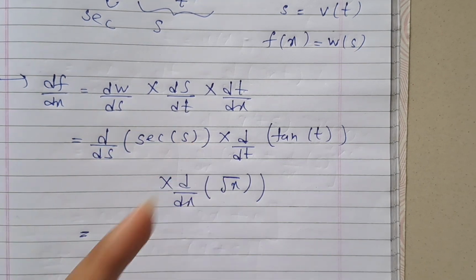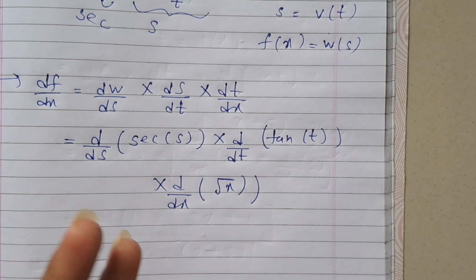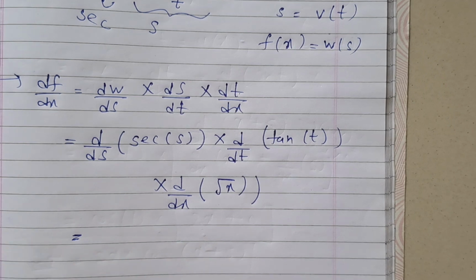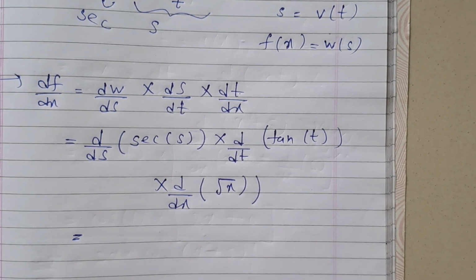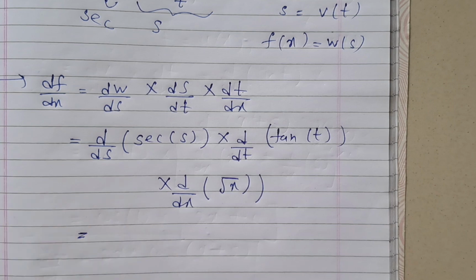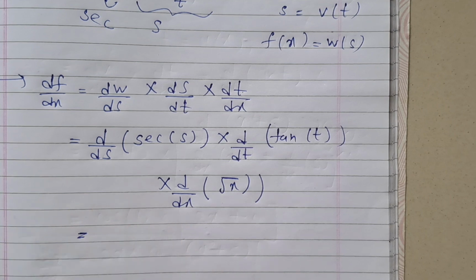So sec of s. So हमारे previous to previous video में हमने कुछ generalized terms, generalized trigonometric functions के derivatives देखे थे, and in which we had x raised to n, sin x, cos x and tan x, but we did not have sec x. So here I'll tell you its direct form, like its direct derivative. So sec x का derivative is, if f of x is equals to sec x, then its derivative is df by dx, which is equals to sec x into tan x.